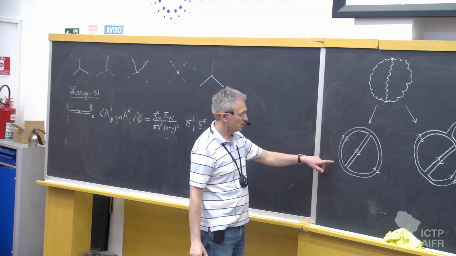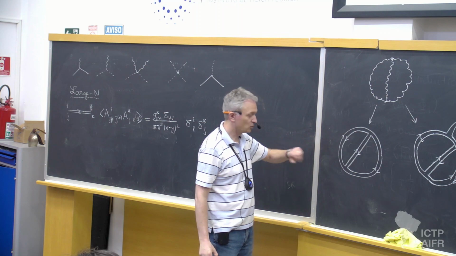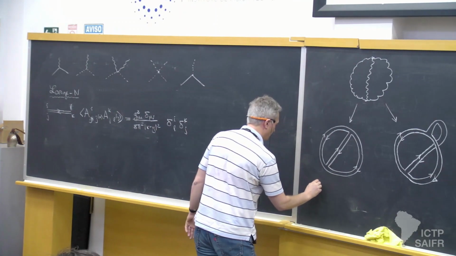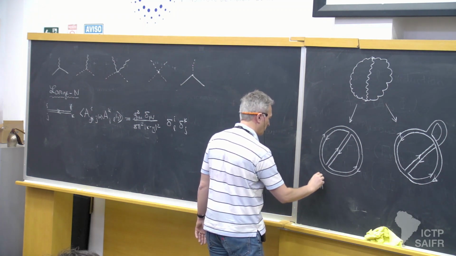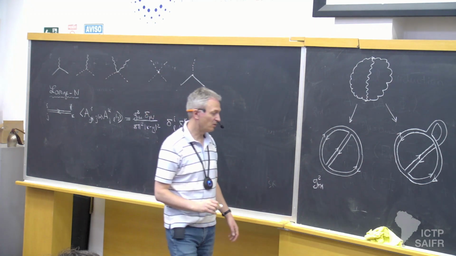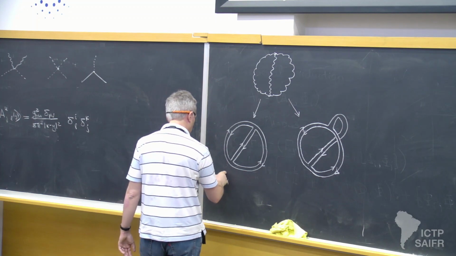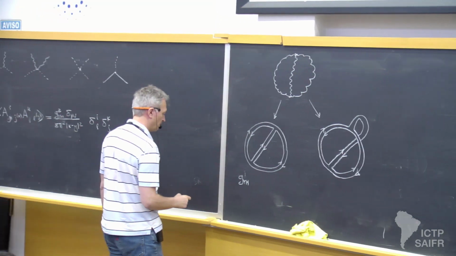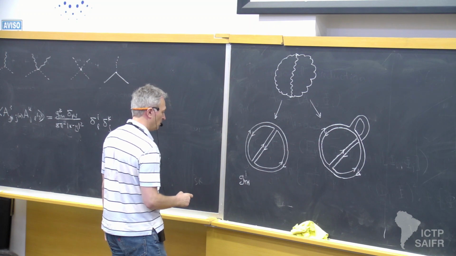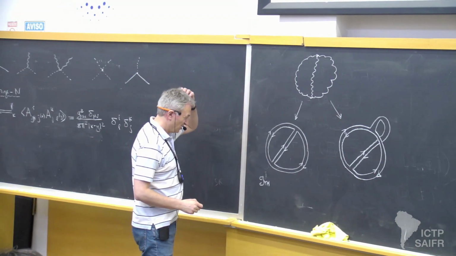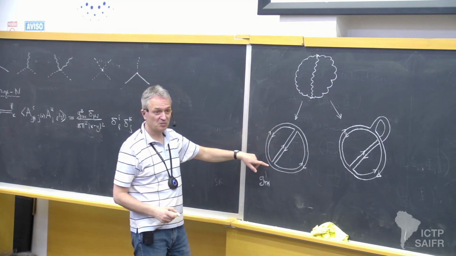Let's count the prefactor of each diagram. Each propagator gives a factor of g squared, and each vertex a factor of 1 over g squared.